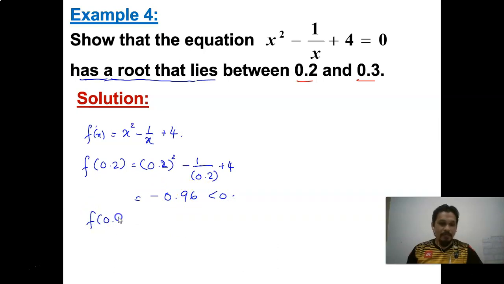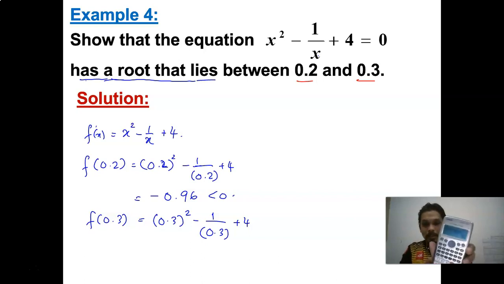Now f(0.3). Now substitute x with 0.3. 0.3 squared minus 1 over 0.3 plus 4. Okay, so try again. 0.3 in brackets squared minus 1 divided by 0.3 plus 4.